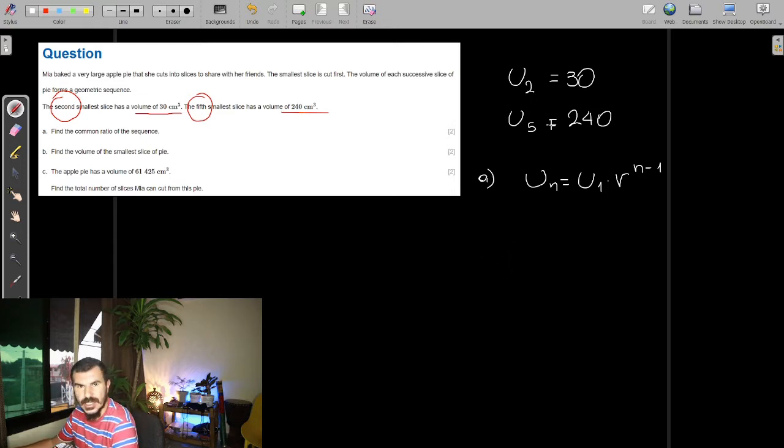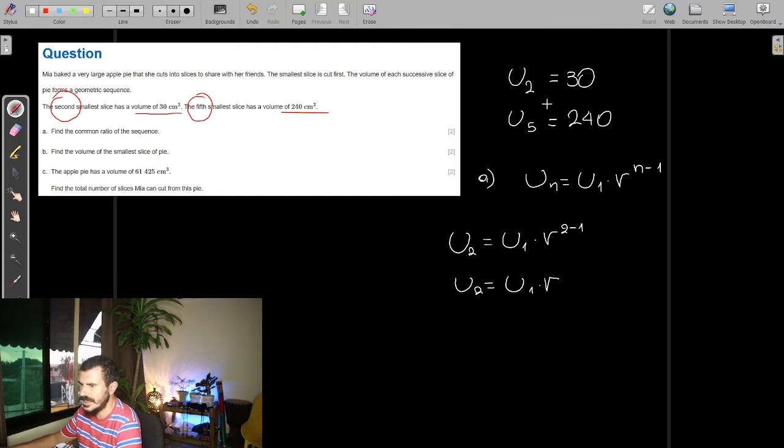U2 is 30, which means U2 equals U1 times the ratio to the power of 2 minus 1, which means U2 equals U1 times r. But U2 is 30, so 30 is U1 times r. There is my first equation.